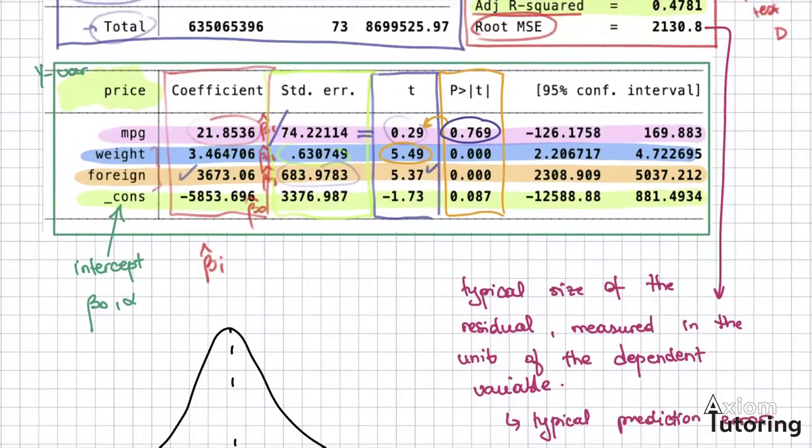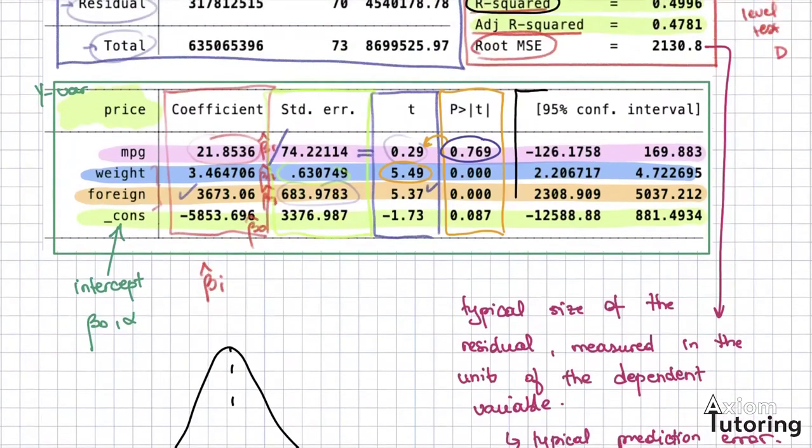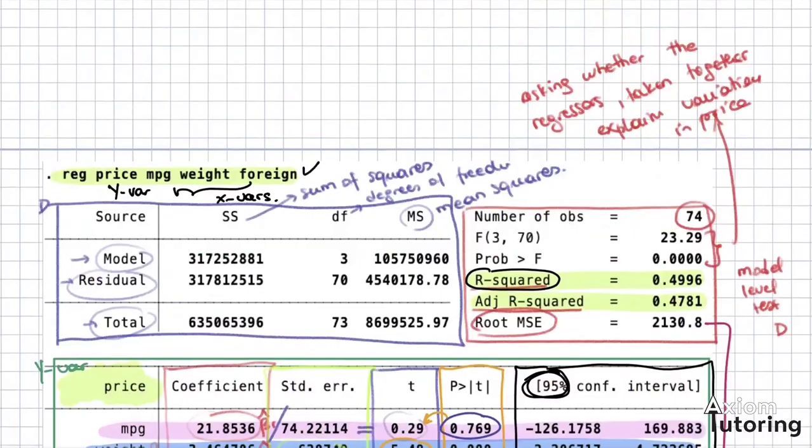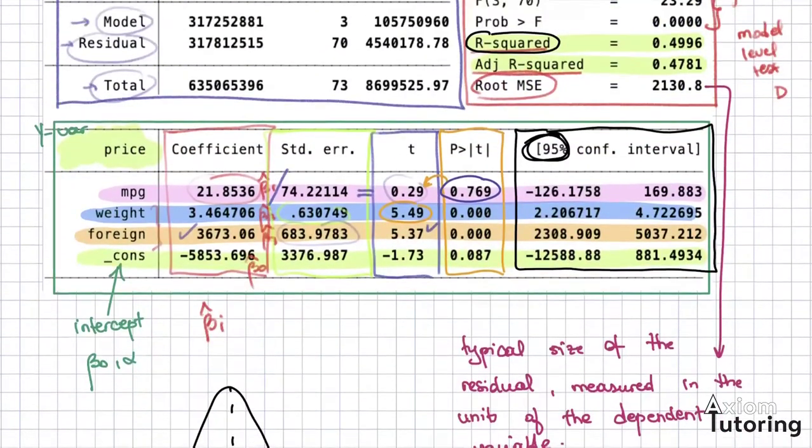The last bit of information that you have is the confidence interval in here. Notice very carefully that in STATA, the default used is 95% confidence interval. Okay, so if you wanted to change that and have a 90 or a 99, then you would have to manually tell STATA when you run this command that you want the interval to be at a different percentage. Otherwise, the default is 95%.